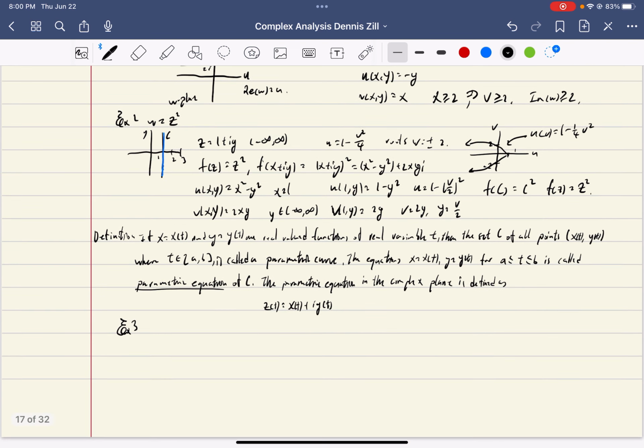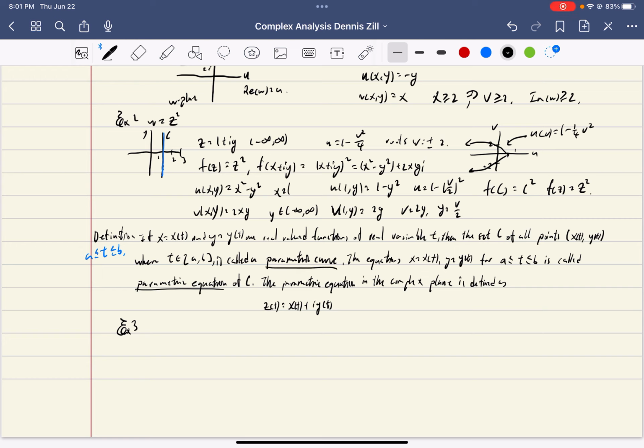Now, definition: if x is equal to x of t and y is equal to y of t, and are real valued functions of a real variable t, then the set C of all points in the form of x of t, y of t, where t goes between a and b, is called a parametric curve.